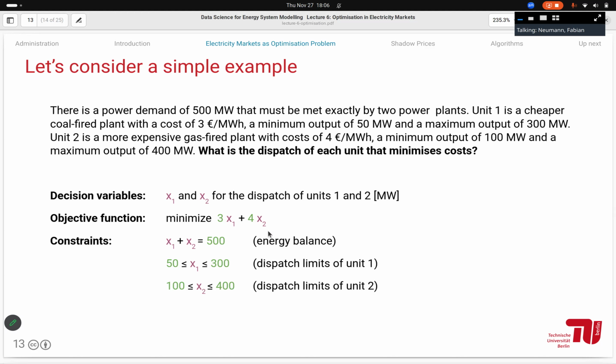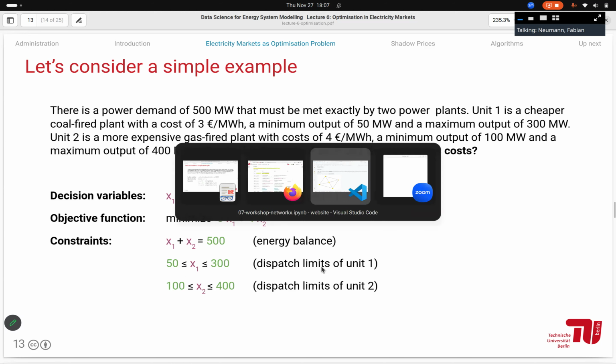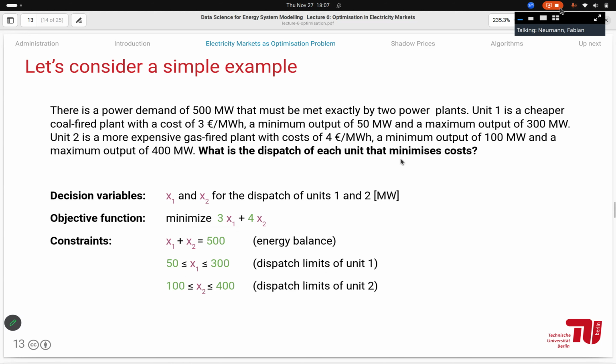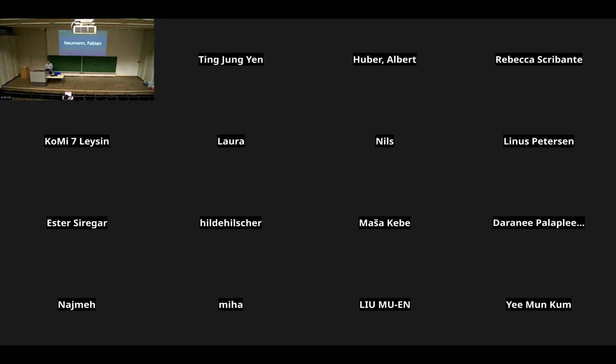And as constraint, we have the energy balance: the sum of x1 and x2 has to equal the 500 megawatt of demand. And then we have the dispatch limits, which in this case are constrained both from the top and the bottom. And I should have stayed on the iPad because we can solve this graphically on the next slide.